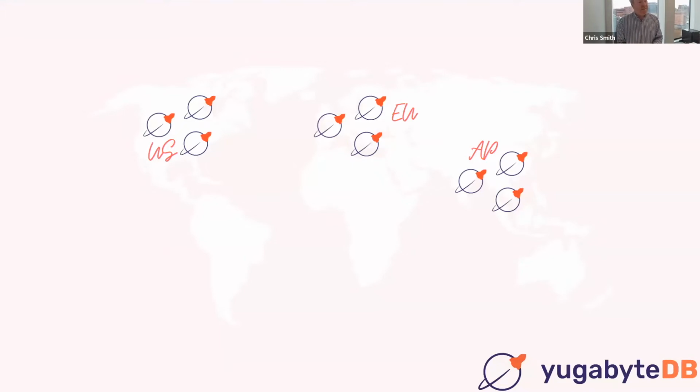Another reason may be that you have regulatory requirements. So you require a globally consistent database, but for regulatory reasons, you must physically store data within certain geographies, what people refer to as data sovereignty.